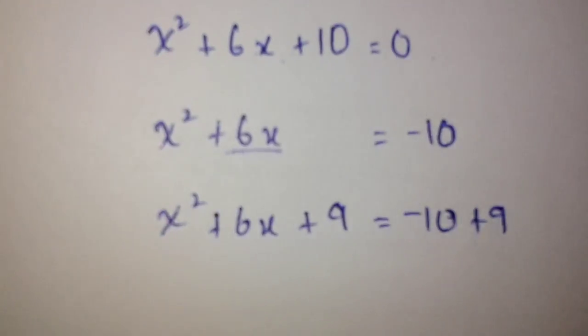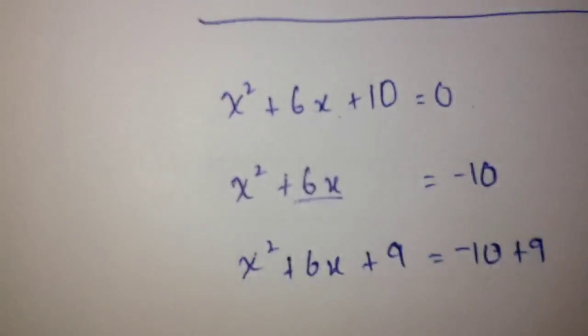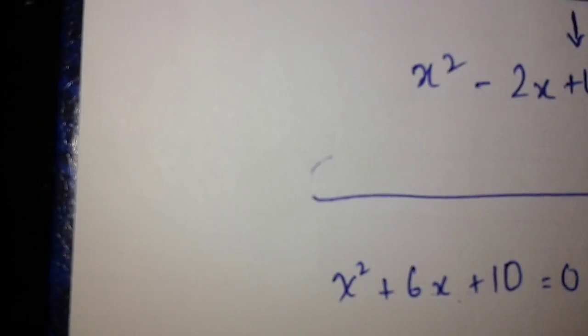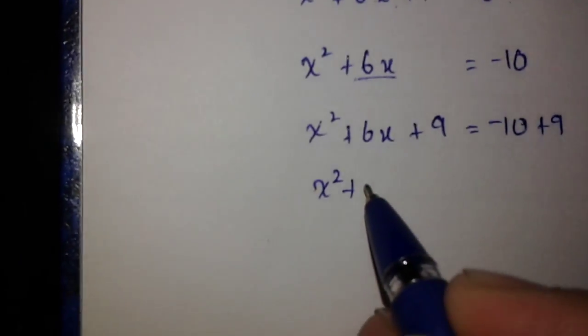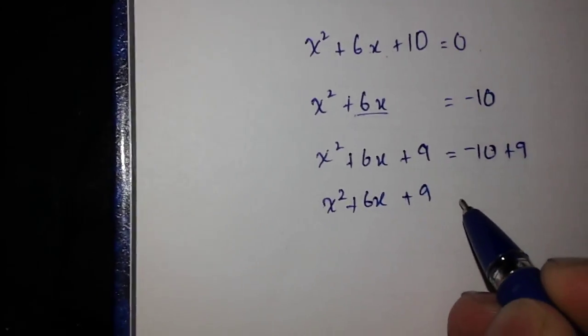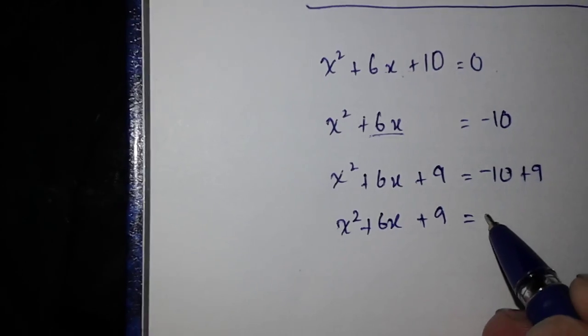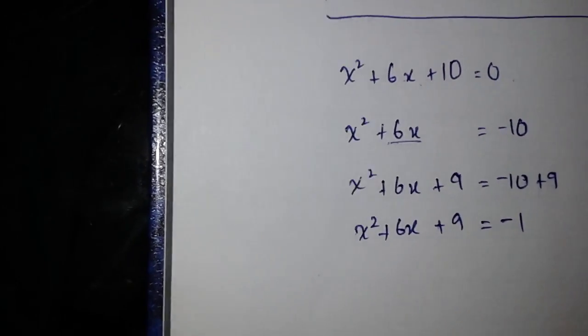So likewise, in this case, when you try to solve the quadratic equation, we get x squared plus 6x plus 9 is equal to 9 minus 10. We get minus 1.